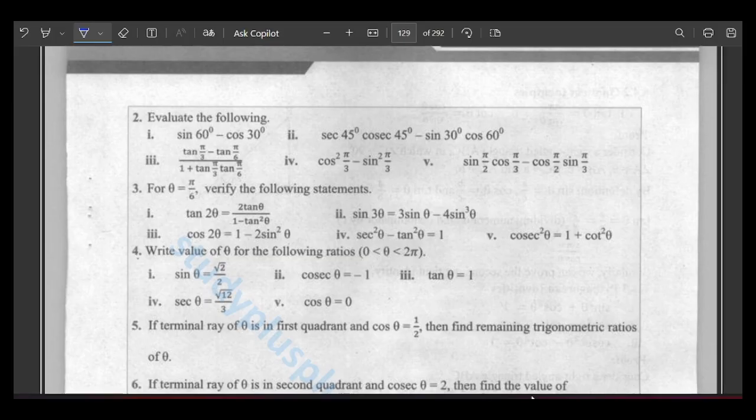Now let's look at the second statement. The second statement is sine 3 theta is equal to 3 sine theta minus 4 sine cube theta. Okay, so we will just write the sine of 90 is equal to 3 sine of 30 minus 4 sine cube of 30.